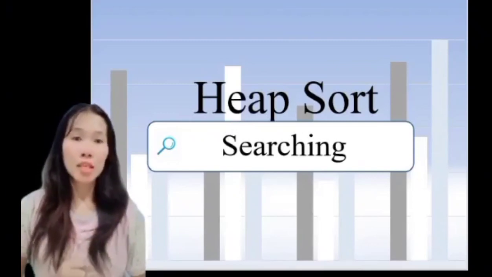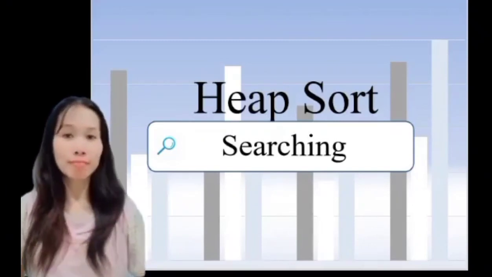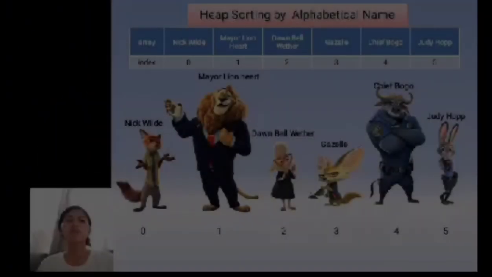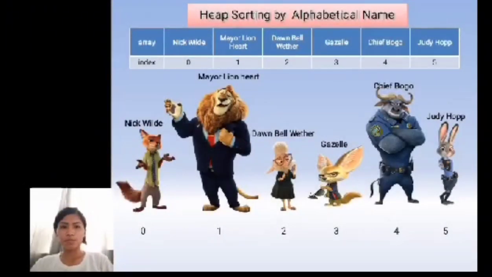What is heap sort searching? Heap sort is a comparison-based sorting technique based on binary heap data structure. It is similar to the selection sort where we first find the minimum element and place the minimum element at the beginning.